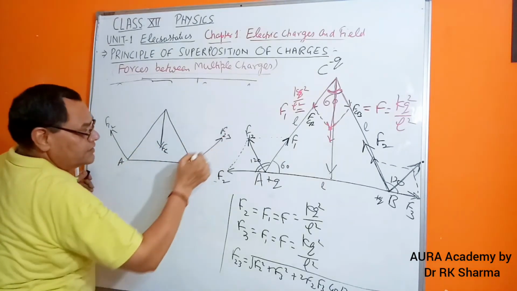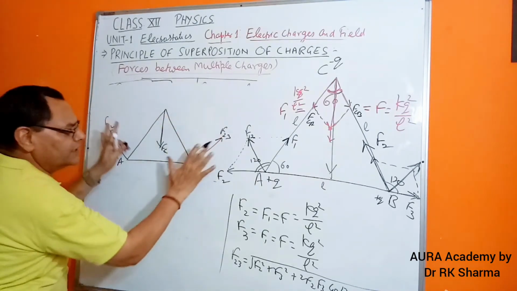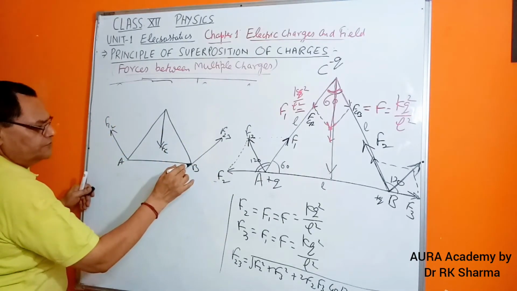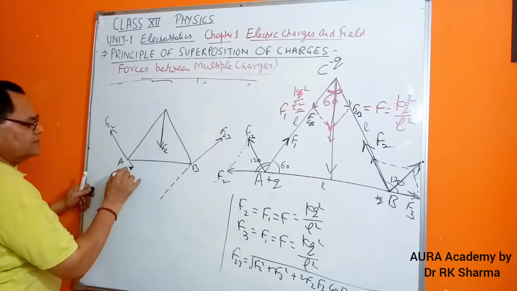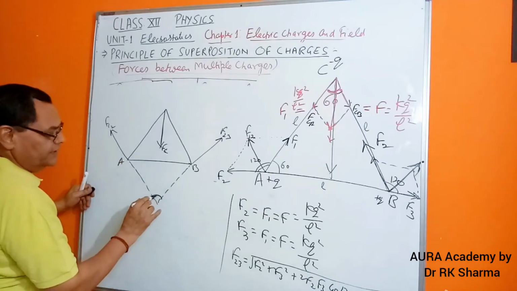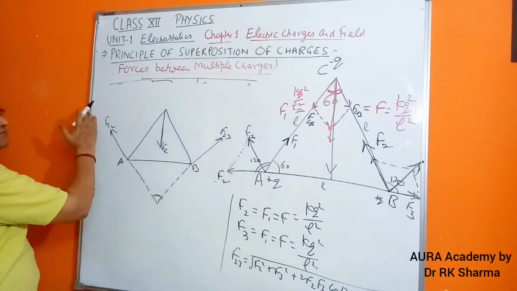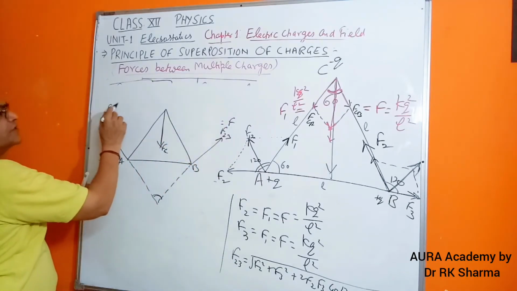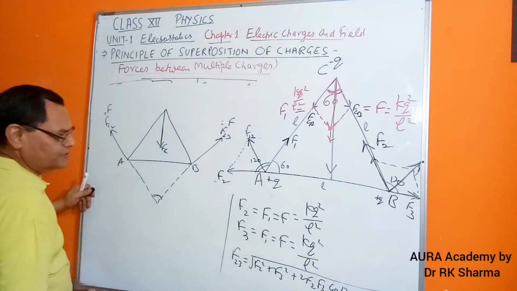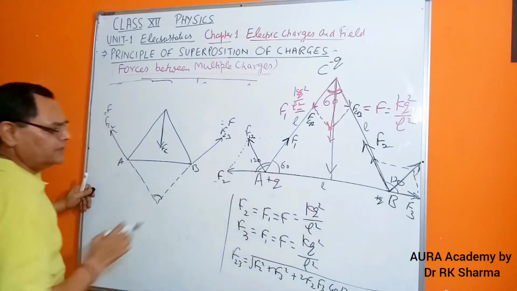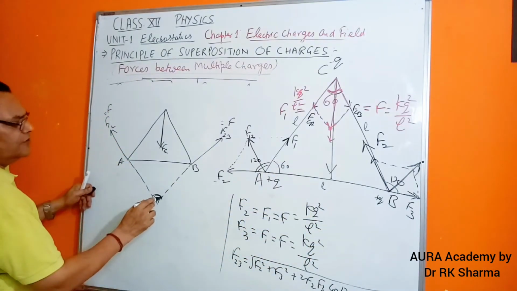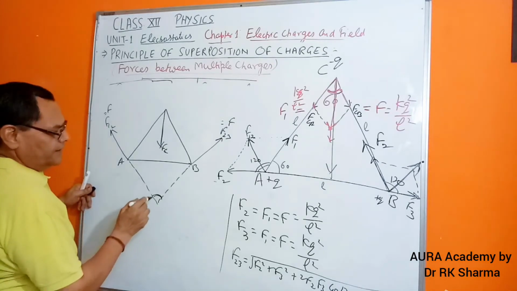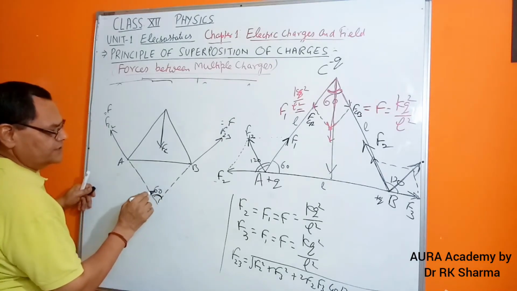Now if we find out the resultant of these two, because all three cannot be added directly since they are vectors, once you extend them like this, you will find the resultant of them. This was fortunately F, this was fortunately F, as we discussed earlier, that is KQ square by L square. And what is the angle now here? The angle is 60 degrees again.